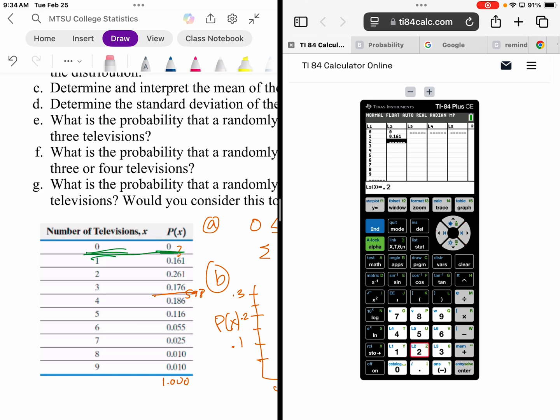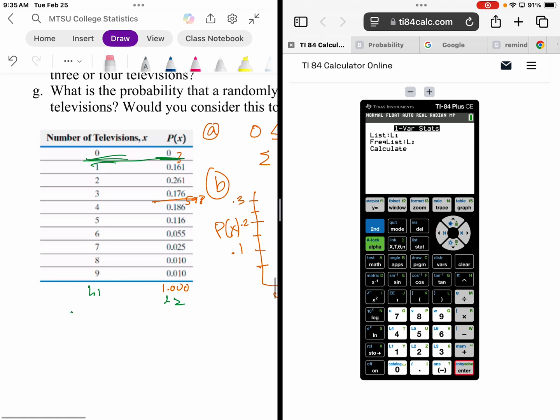0.161, 0.261, 0.176, 0.186, 0.116, 0.055, 0.025, 0.010, and then 0.010. And then again, I'm going to go stats, calculate, 1 var stat. I've got stuff set up in L1 and L2.